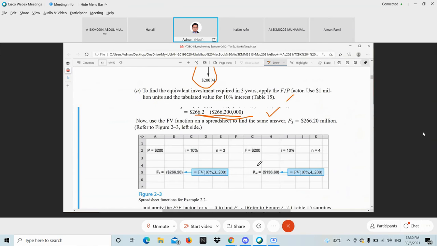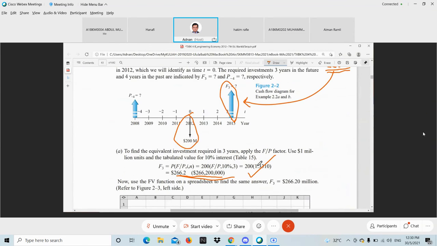Okay, so this is what we show here in this diagram. Okay, if that was done 4 years earlier, okay, sekarang 2012, this is now, which is 0 here. Kalau kita invest 4 tahun lepas, how much actually it will cost us?